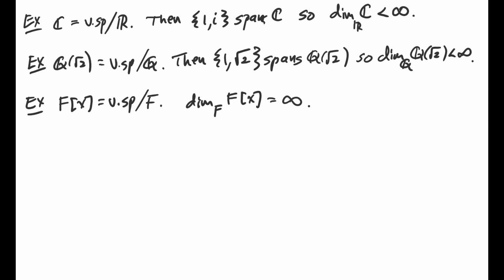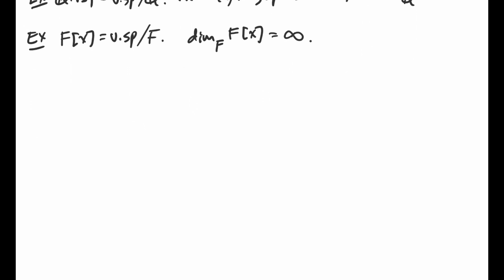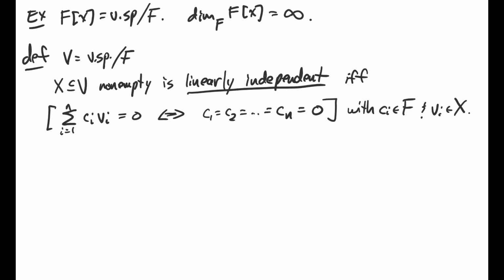Okay, so now let's go on. As you remember, next comes linear independence, so let's turn to that definition. For a non-empty set X, again, a collection of vectors, we say they're linearly independent if and only if the following statement is true.